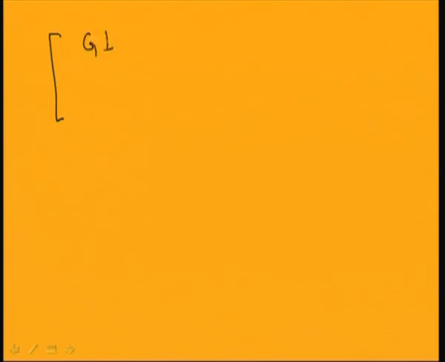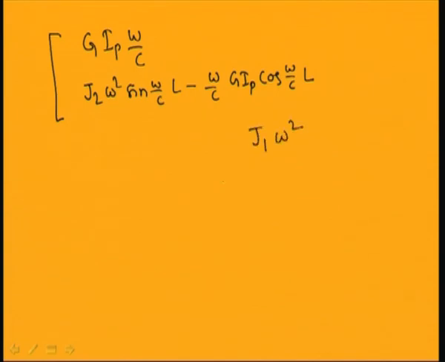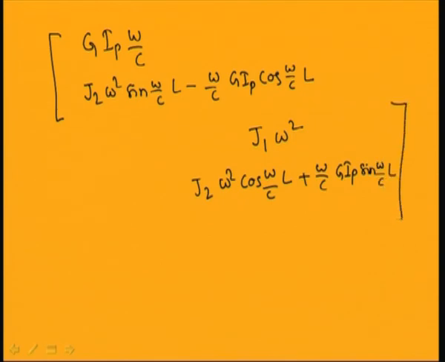So, it will be g I p omega by C, then j2 omega square sin(omega by C L) minus omega by C g I p cos(omega by C L), and in the second column it will be j1 omega square and j2 omega square cos(omega by C L) plus omega by C g I p sin(omega by C L). So, this into A B is equal to 0 0.